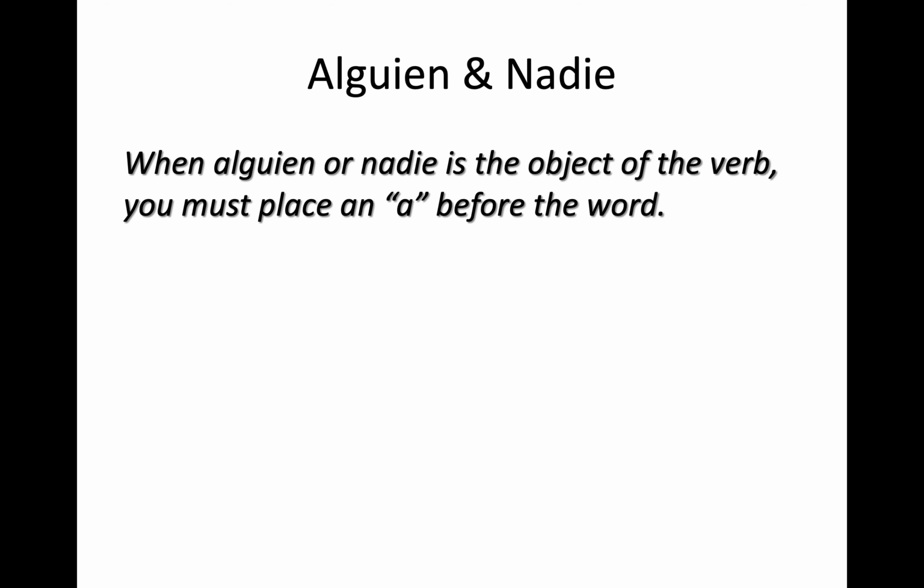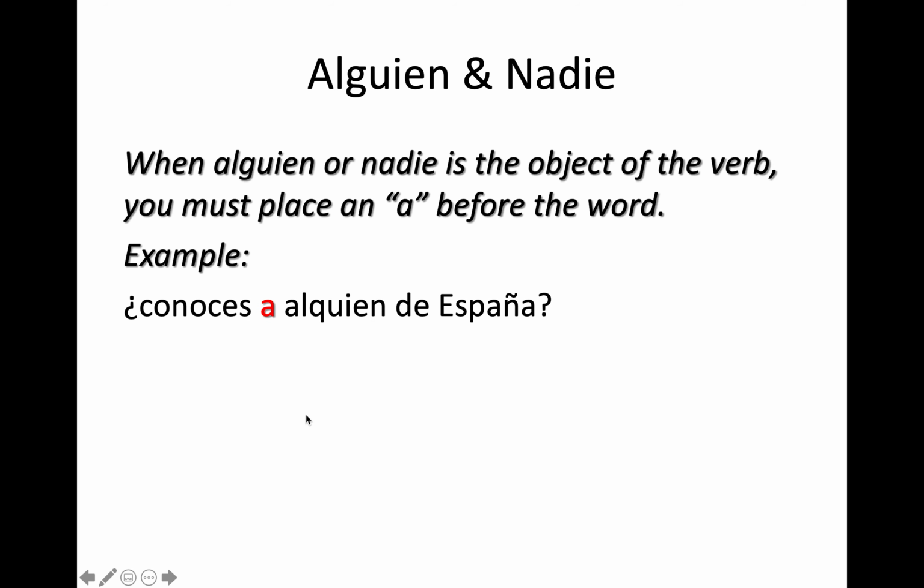Okay, so then we have alguien and nadie. When alguien or nadie is the object of the verb, you have to use the preposition a before the word. Let's see. For example, ¿conoces a alguien de España?